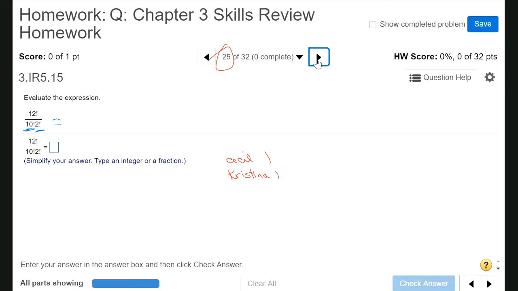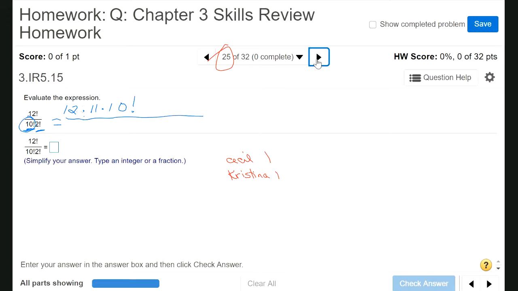Since 10 factorial is bigger, on the 12, I'm only going to count down to the larger of these 2 down here, and I'm going to call the rest of that one 10 factorial.